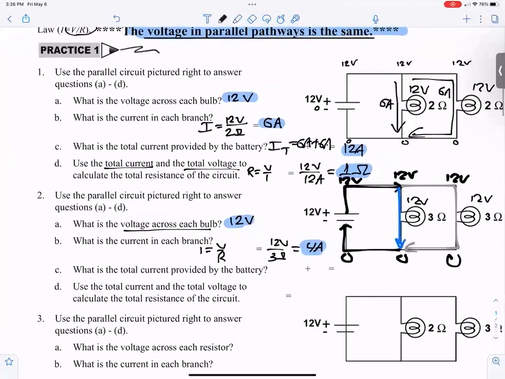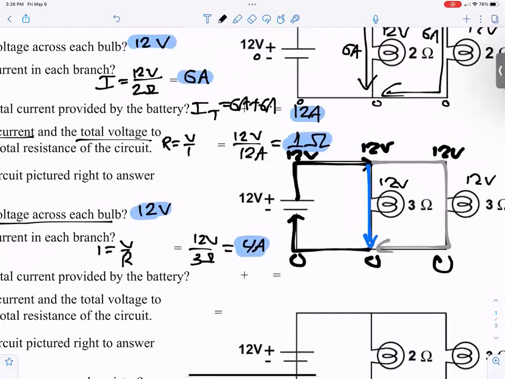Okay, now the total current, I total, would be 4 amps plus 4 amps, and each branch would be a total of 8 amps from the battery.